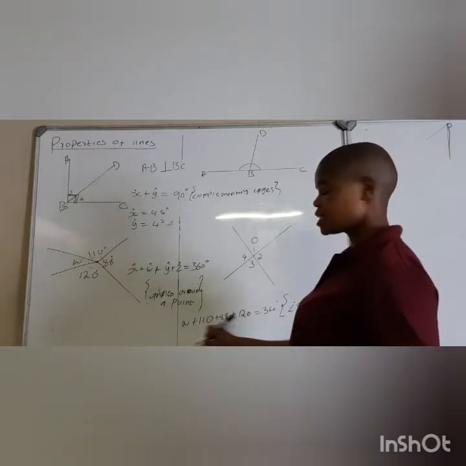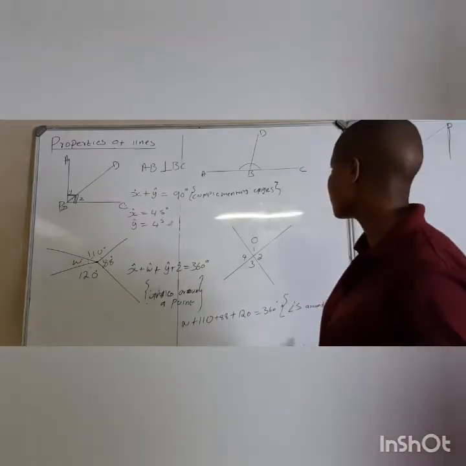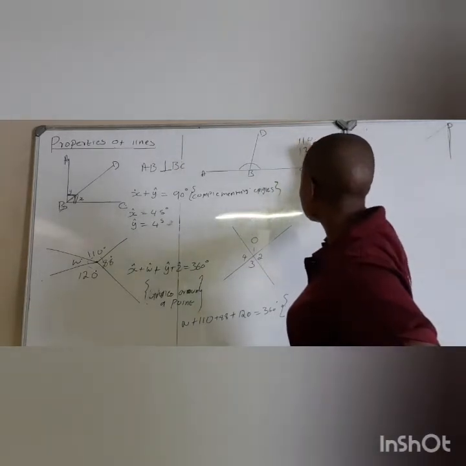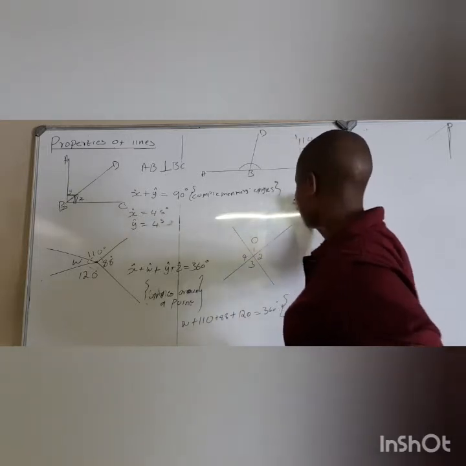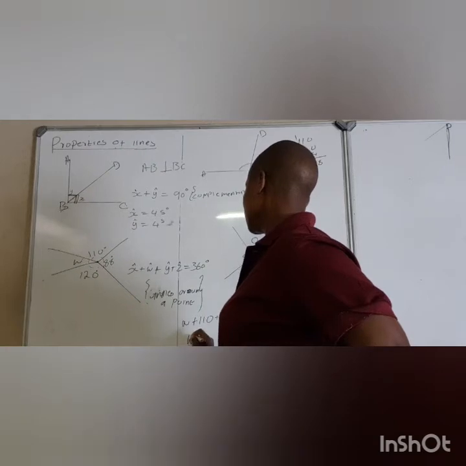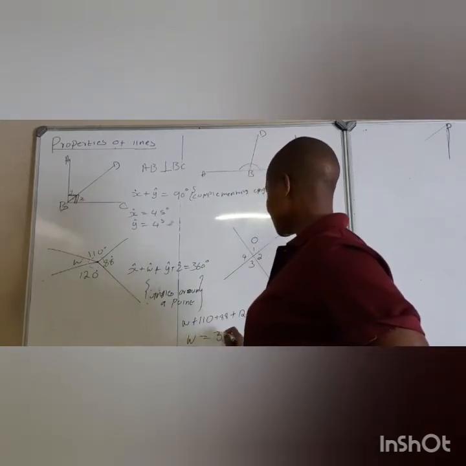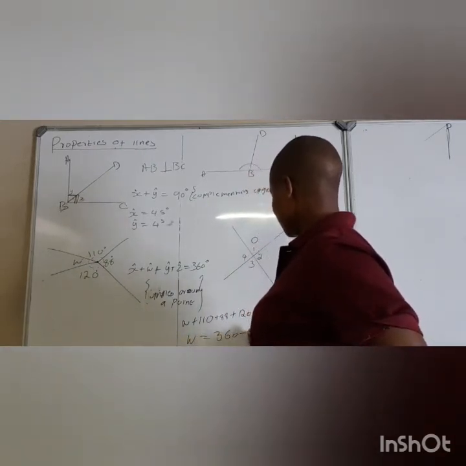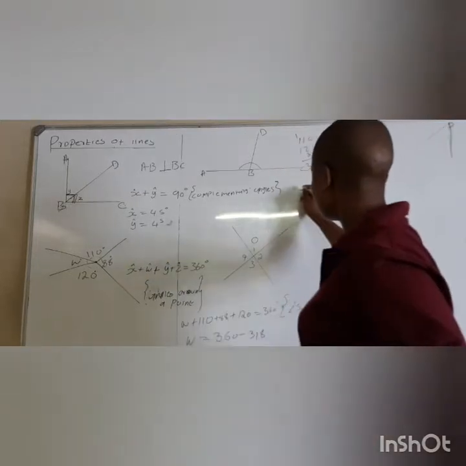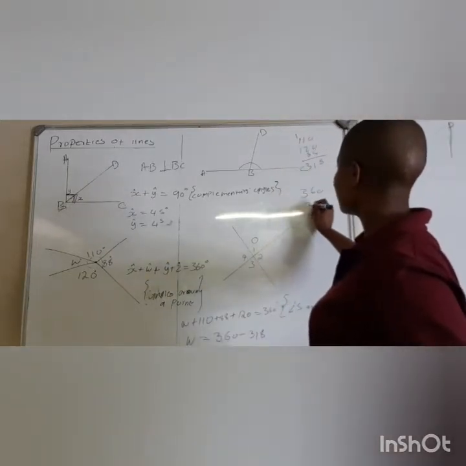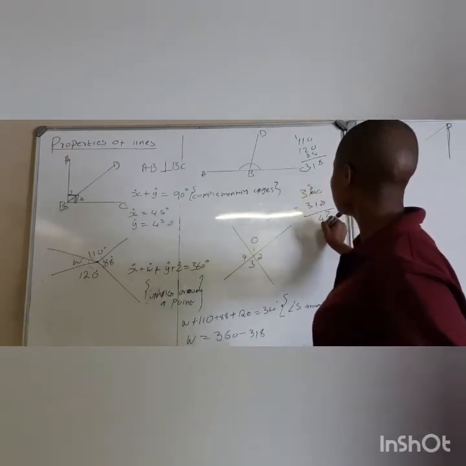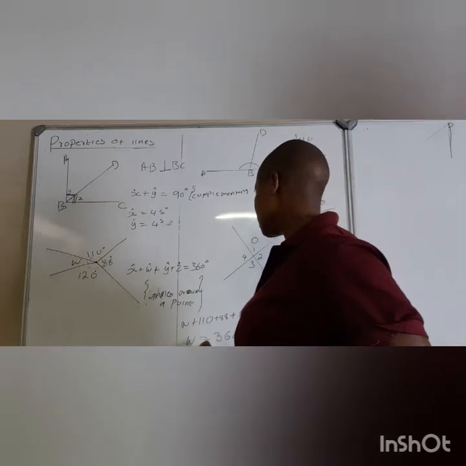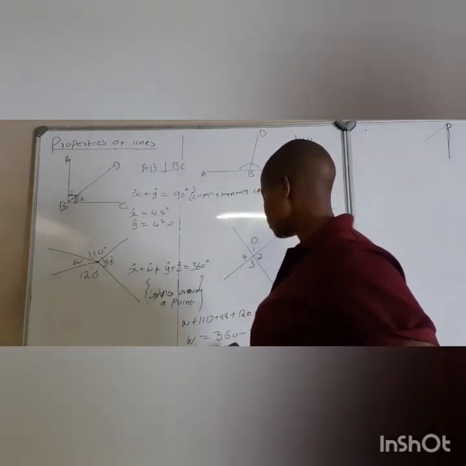Then you just get the sum. Let's quickly get the sum. We've got 110, 120, and 88, which gives us 318. So W is equal to 360 minus 318, which is 42. Therefore, angle W is 42.